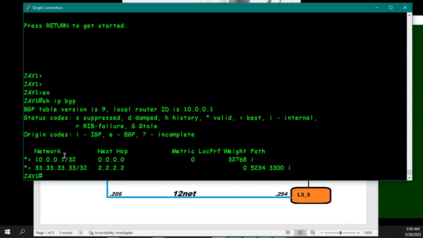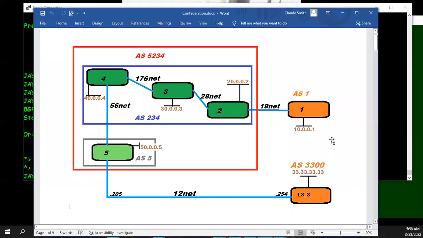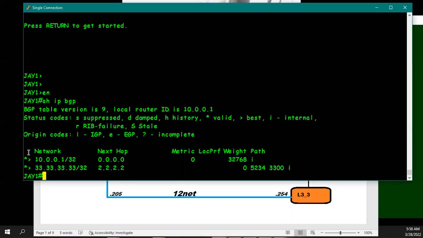So autonomous system number 1 only really cares about 2 networks. You got its network land, whatever you want to call it, that it advertises to 10.0.0.1, which is depicted on this topology here for autonomous system number 1, and it is also interested in the actual resource down in autonomous system 3300.